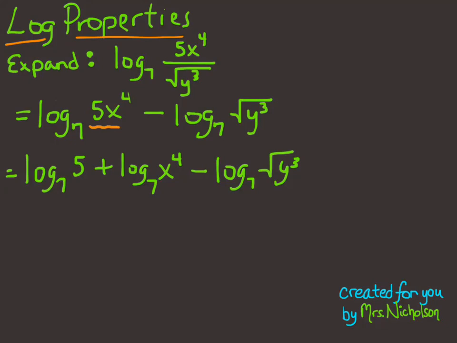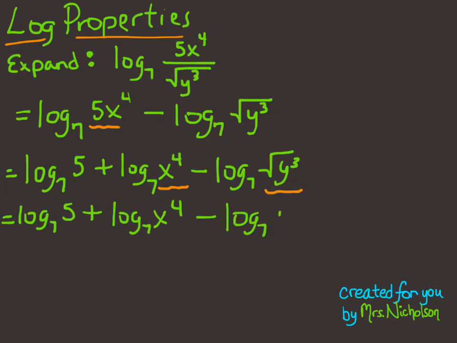I can also apply the power property. I've got an exponent in this term, x to the fourth. I also have an exponent on our last term, but I have a square root there, and we really need to rewrite that square root as an exponent before we apply the property. So remember that roots can be rewritten as fraction exponents, and so I'm going to rewrite this as y to the 3/2 power.